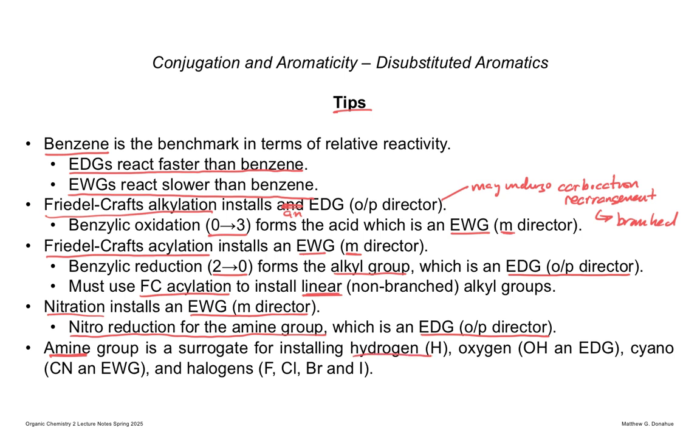So hydrogen, that was your deblocking to put the H back on with hypophosphorus acid. Oxygen if you want to make a phenol derivative. The cyano group, which is electron withdrawing. Remember that the cyano group is equivalent in terms of oxidation state to the benzoic acid. And then finally the halogens, specifically fluorine and iodine.